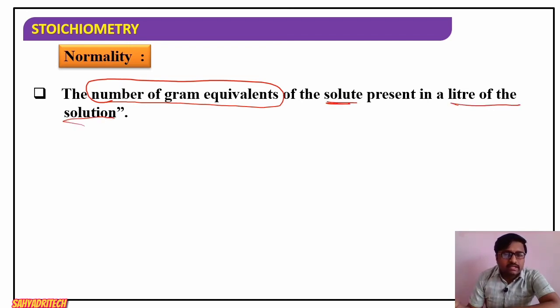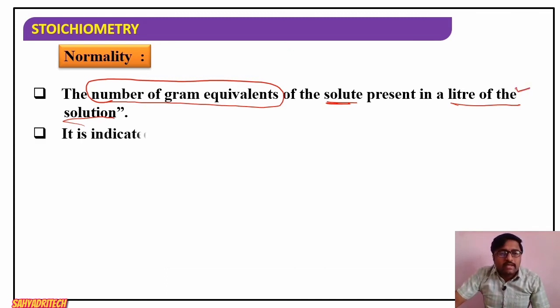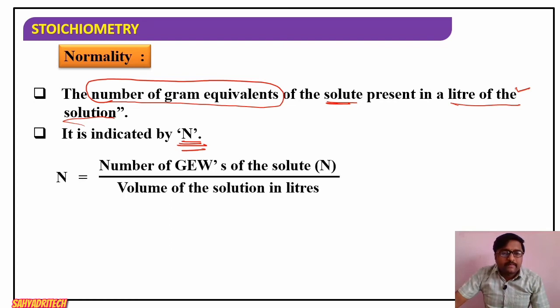So let me repeat the definition. It says: the number of gram equivalents of solute present in a liter of a solution. Normality is indicated by capital N. The formula: normality, capital N, is equal to the number of gram equivalents of solute divided by the volume of solution in liter.